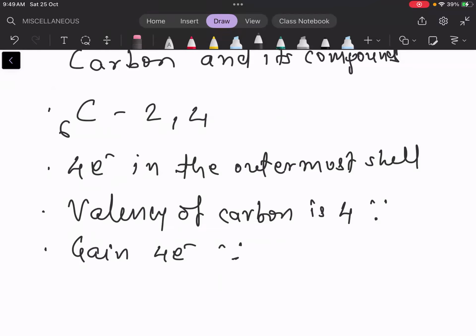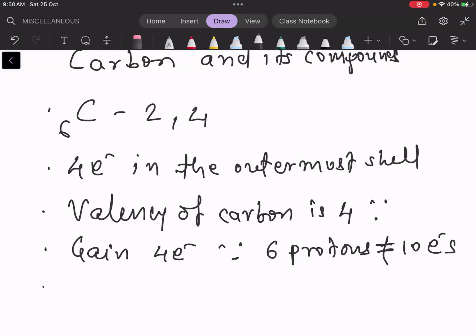Carbon's atomic number is 6, so carbon consists of 6 protons. With additional 4 electrons, total 10 electrons. 6 protons means 6 positive charges. So it is never equal to 10 electrons. Why? Because 6 positive charges cannot be neutralized by 10 negative charges. So 4 negative charges will be extra.